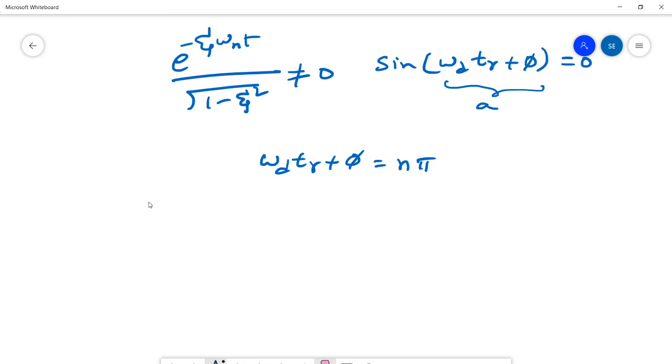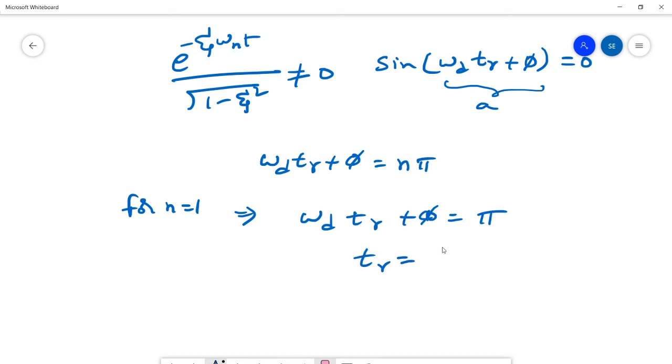Now we substitute n equal to 1. For n equal to 1, we get omega d TR plus phi is equal to pi. So TR is equal to pi minus phi divided by omega d.